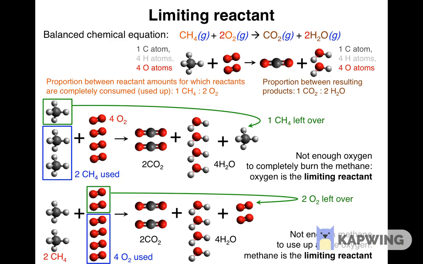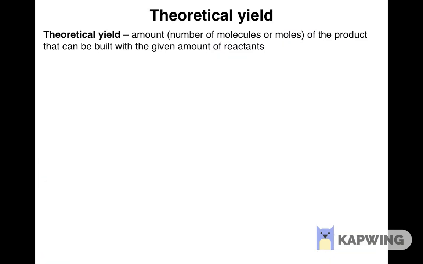The theoretical yield of a product of a chemical reaction is the amount, that is the number of molecules or moles of that product, that can be built with the given amounts of reactants. The theoretical yield is determined by the availability of the limiting reactant.